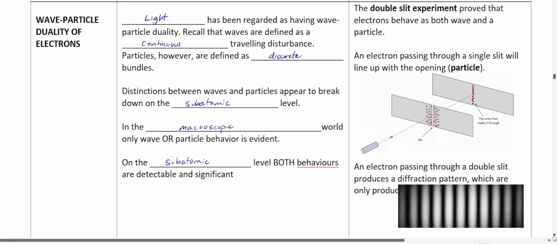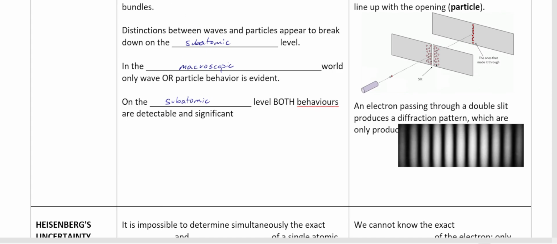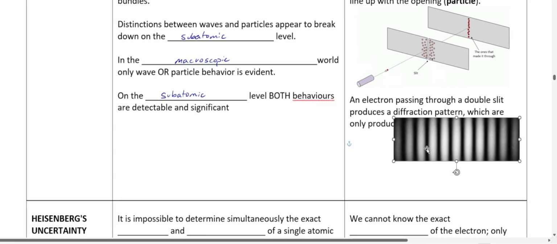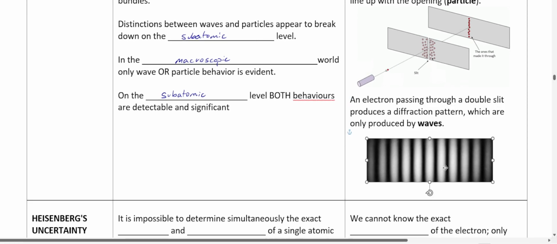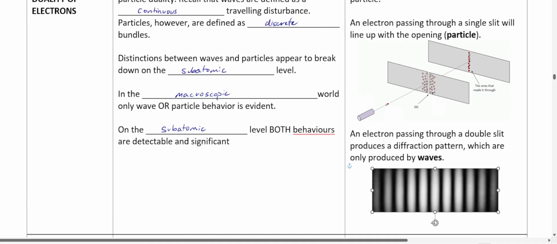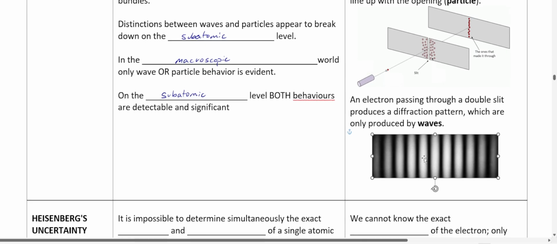Now, when electrons pass through a double slit, what ended up happening is you get this diffraction pattern. Okay? And it's essentially this pattern that we see, and that is only produced by waves. This diffraction pattern is only something that waves can produce. So when it's a single slit, we have this pattern. When it's a double slit, we have basically like a wave pattern.